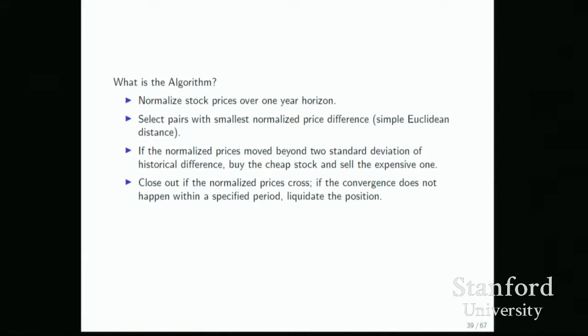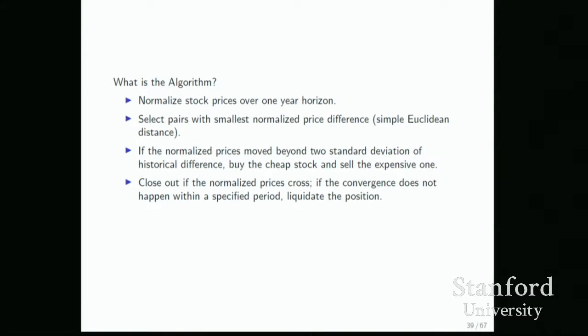So what is the exact algorithm by Gatev? Here, I just wrote it as P1T minus P2T, but since these stocks are traded in different currencies, you also have to adjust for the exchange rates. You also have to make sure that the units are comparable. So normalize stock prices over a 1 year horizon.